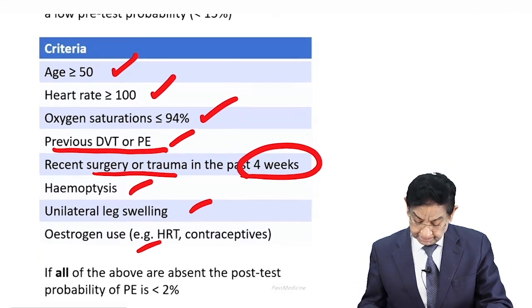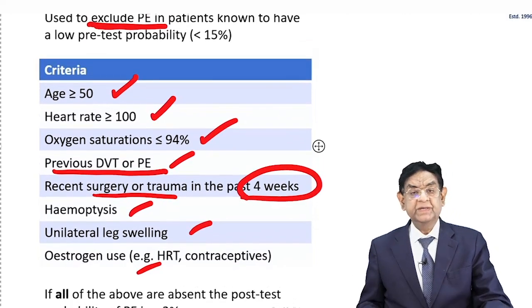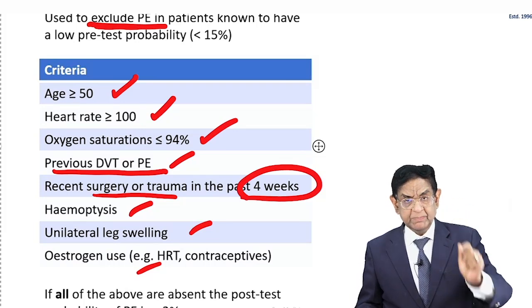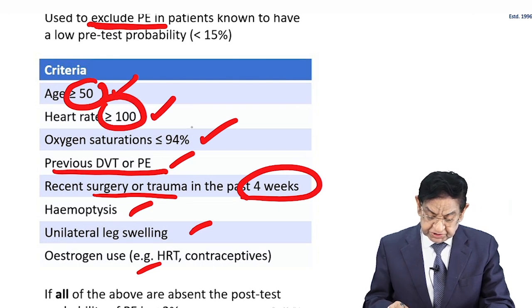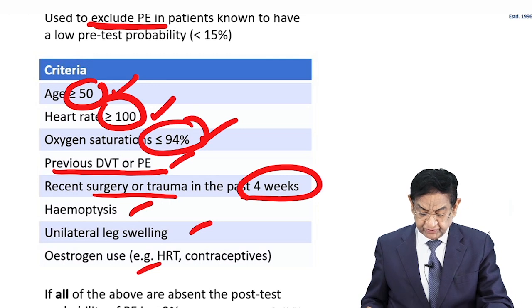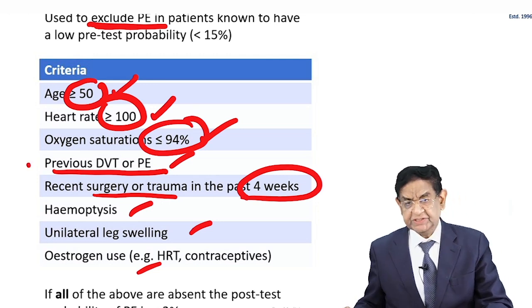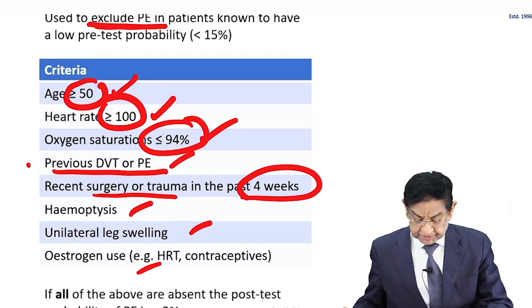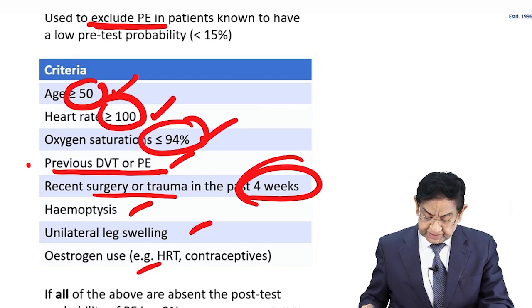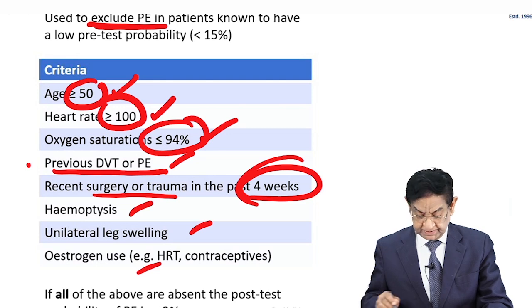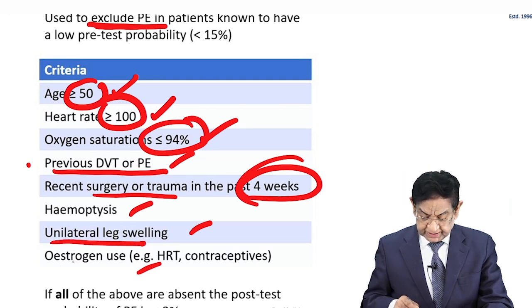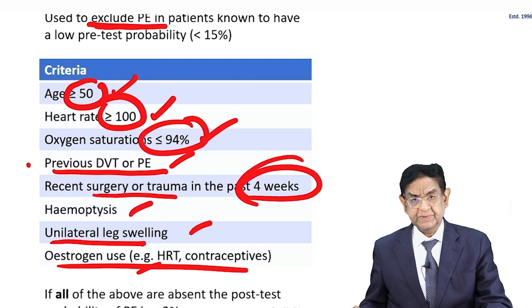So again: age above 50 years, heart rate 100, saturation less than 94, previous history of DVT and pulmonary embolism, surgery or trauma within 4 weeks, hemoptysis, unilateral leg swelling and estrogen use.